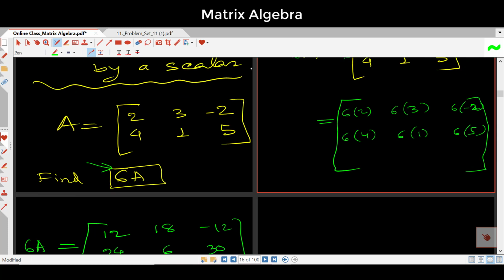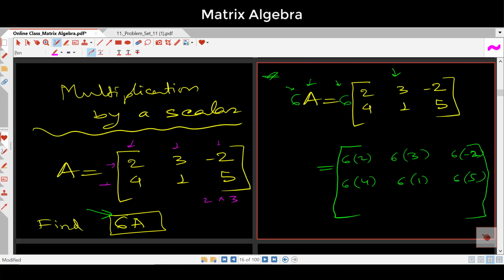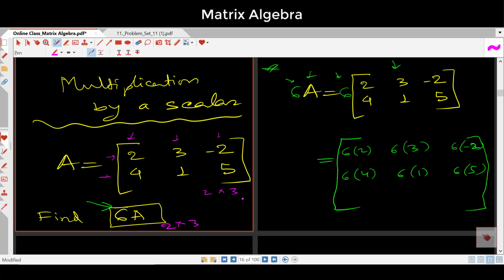So have a look. Here you don't need to think about the order, but however order is also important. For this matrix you have 2 rows and 3 columns. Then if we multiply with a scalar, that new matrix 6A will also have the same order, 2 by 3.